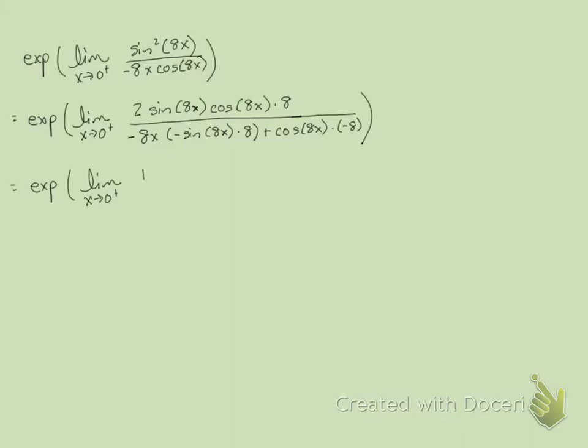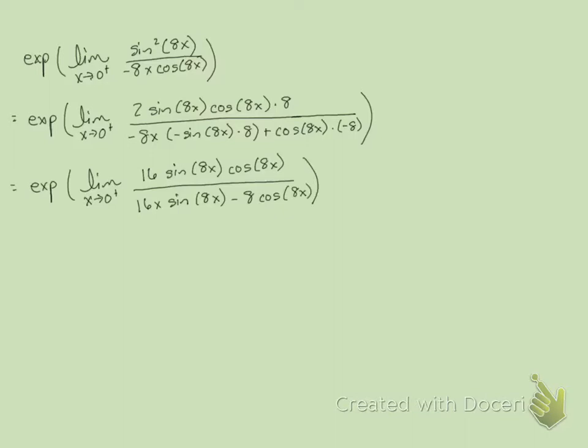So I'm going to have 16 sine of 8x cosine of 8x over, let's see, negative 16x, positive 16x, because I have two negatives here. So positive 16x sine of 8x minus 8 cosine of 8x.